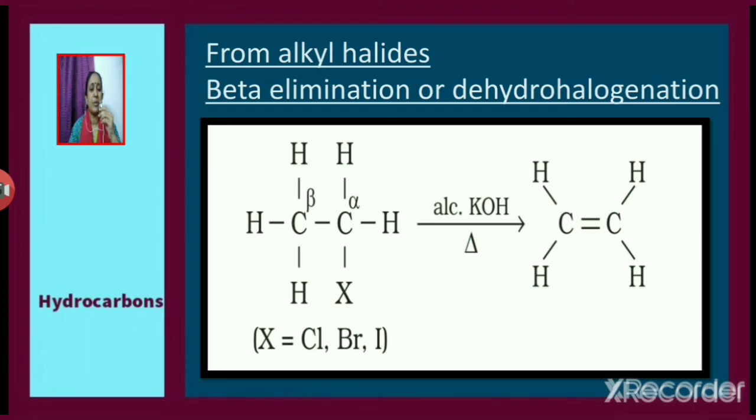It results in the formation of a carbon-carbon double bond between the alpha and the beta carbon atoms. Since removal of HX takes place, the reaction is known as dehydrohalogenation. The product obtained in this case is ethene, CH2 double bond CH2.